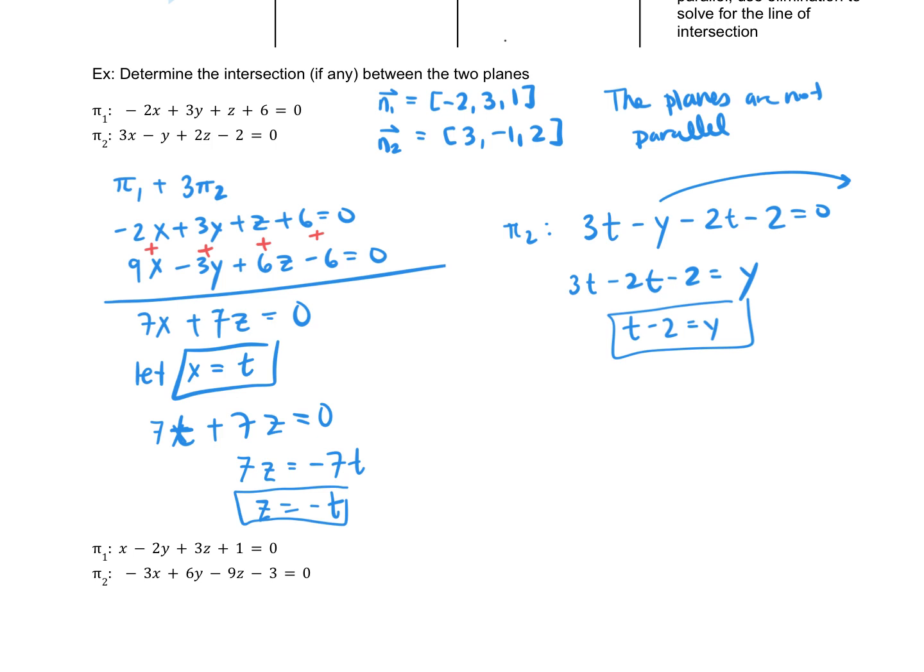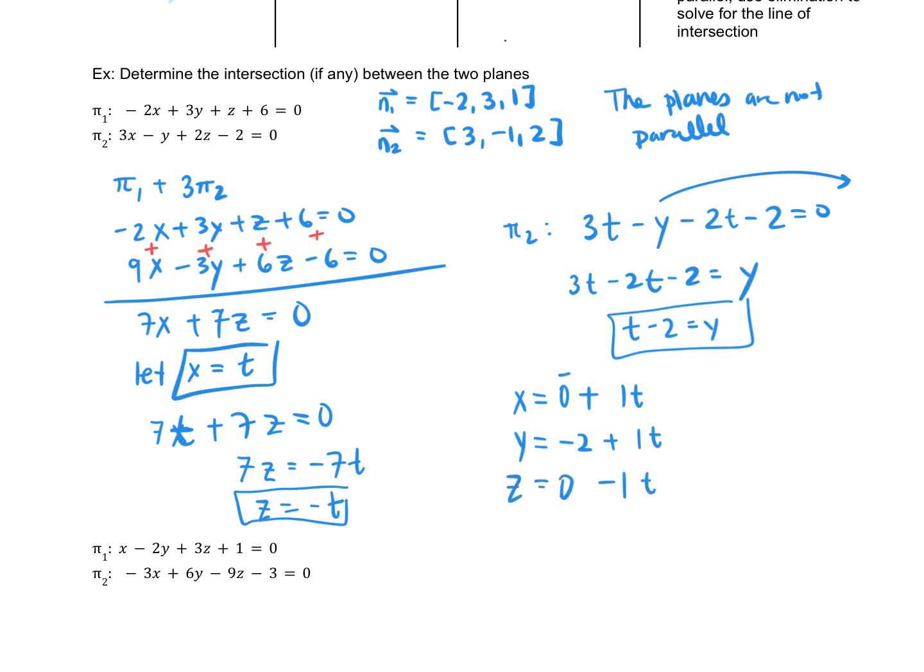Now I'm ready to write my vector equation. Now, just for ease of writing the vector equation, you can also write your 3 parametric equations nicely lined up, write your constants in the same place. So x, I can write it as 0 plus 1t. Y is -2 plus 1t, z is 0 minus 1t.